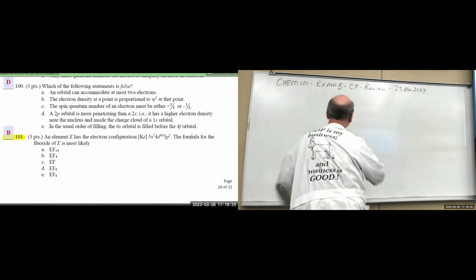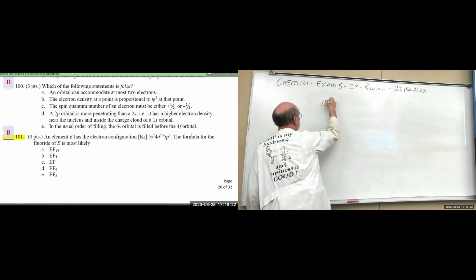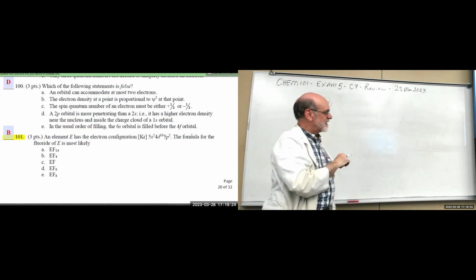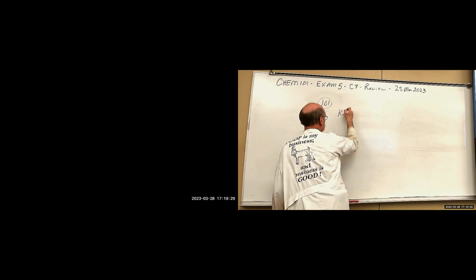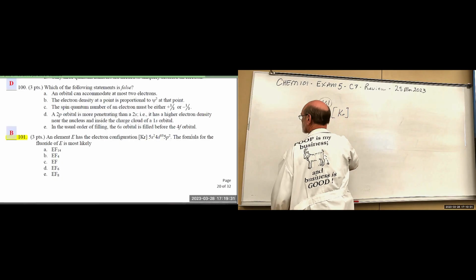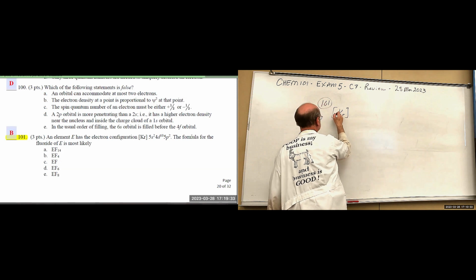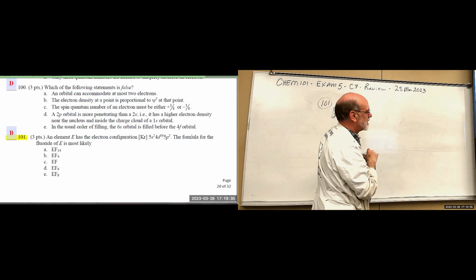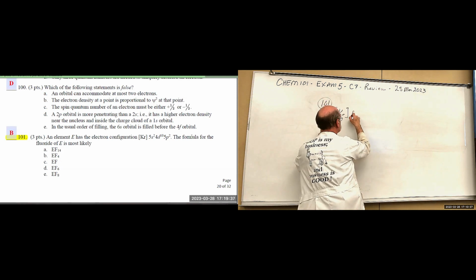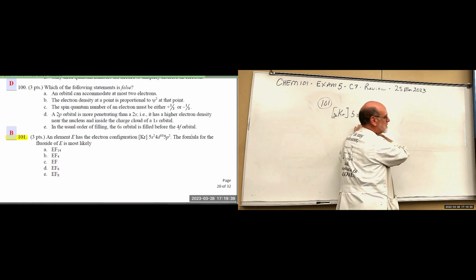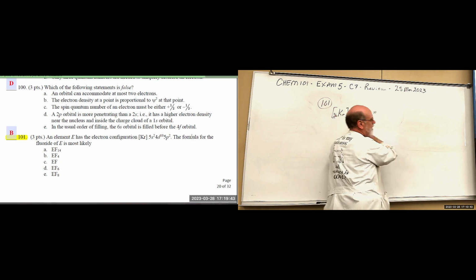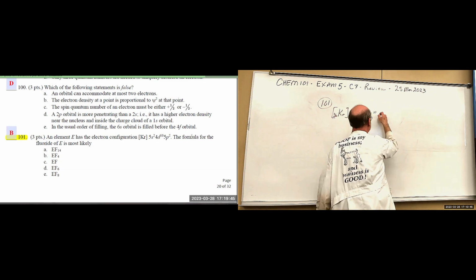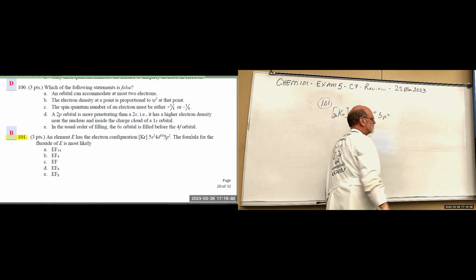101. Okay, an element E has the electron configuration krypton, let's see, that's 36, 5s2, 4d10, and 5p2.